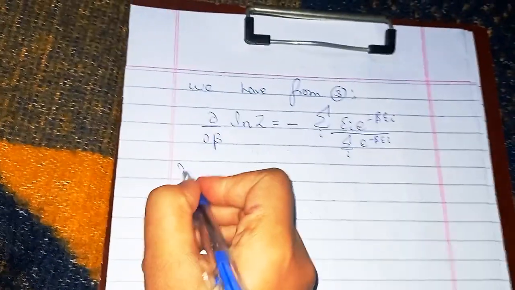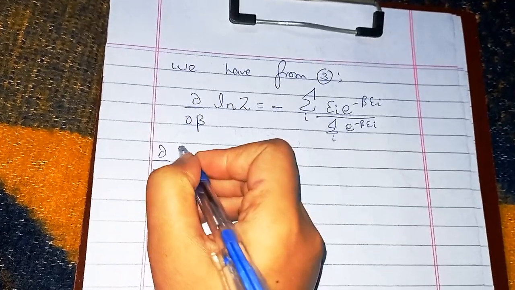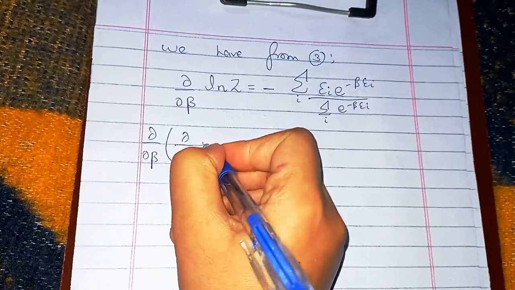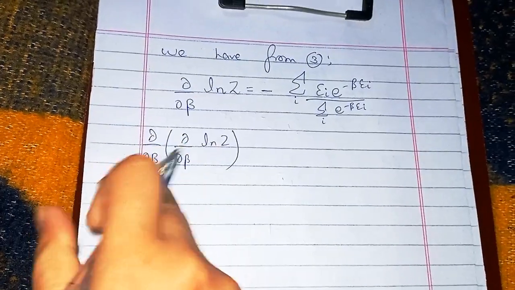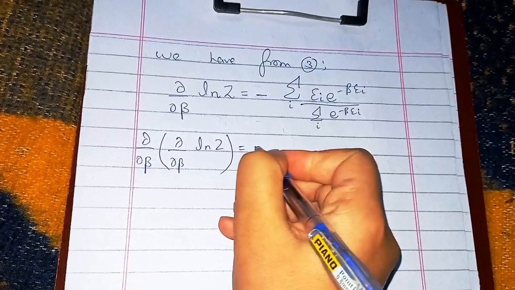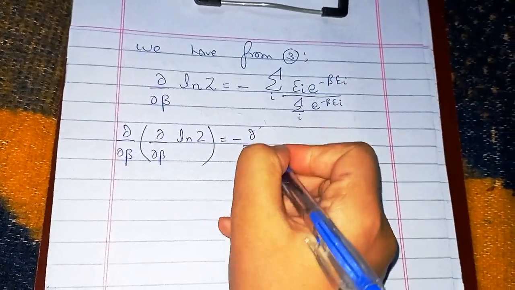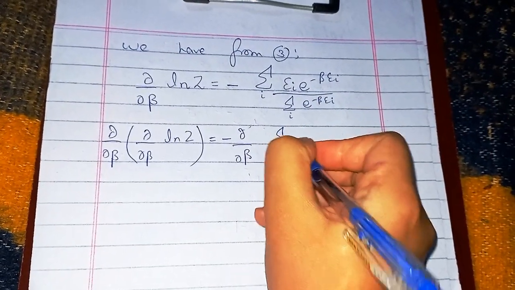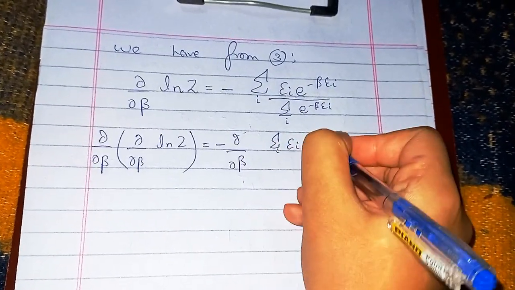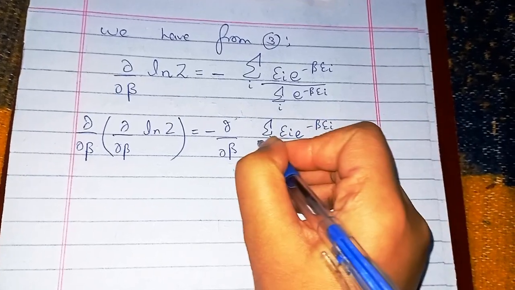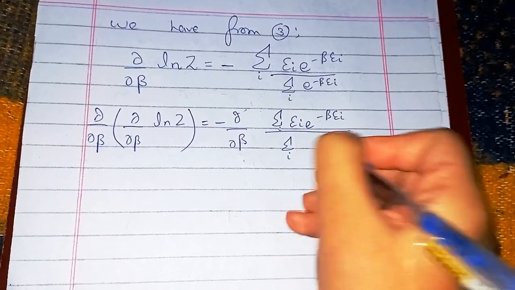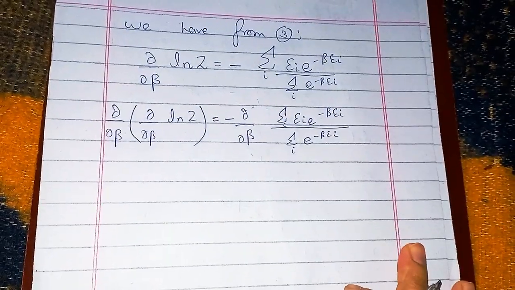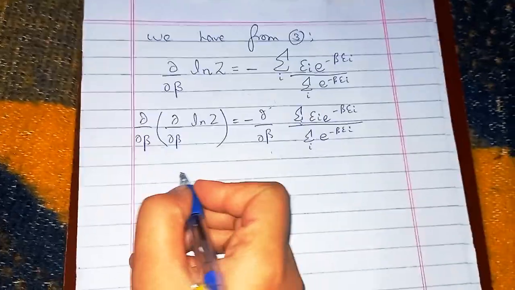Now let's apply another partial by partial beta on both sides of this equation. So partial by partial beta of this term is equal to negative, just outside, partial by partial beta on this whole term, that is summation over i of ei e to the power minus beta ei divided by summation over i of e to the power minus beta ei. All right, let's simplify it.